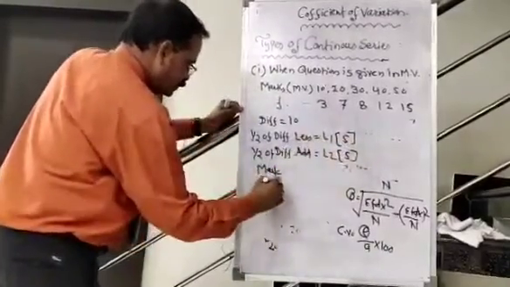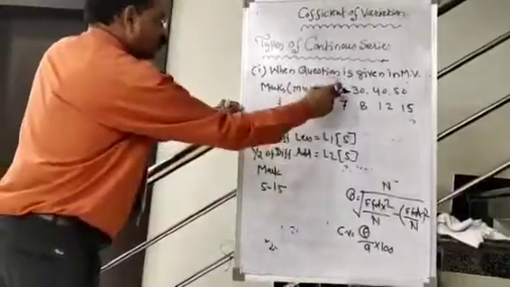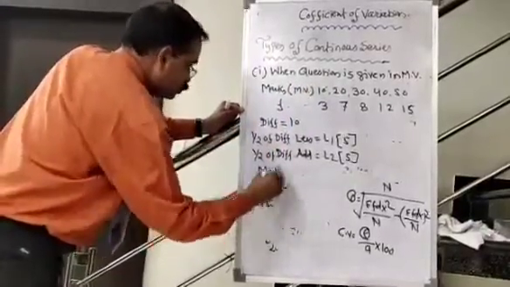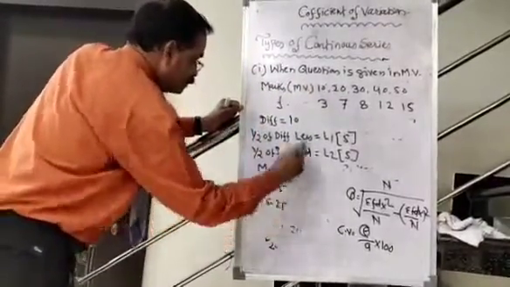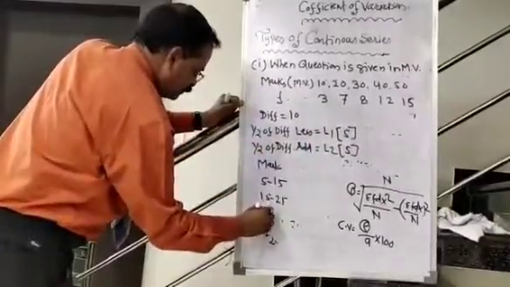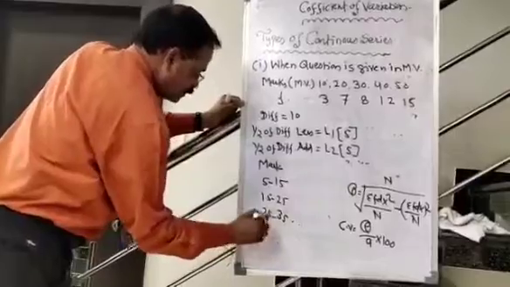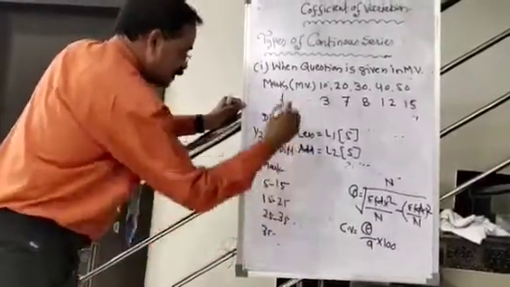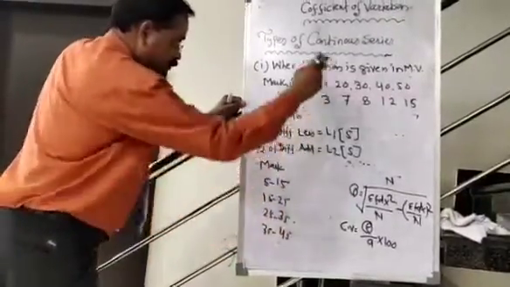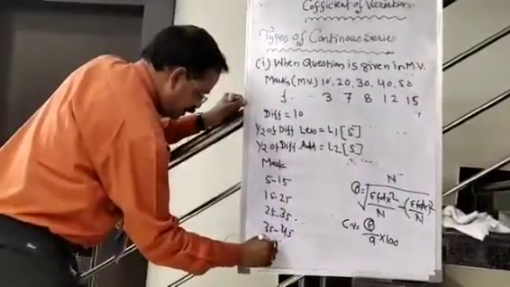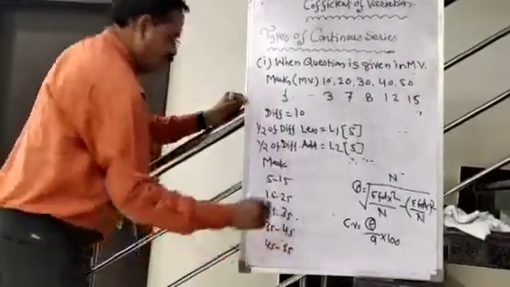It will be 15. 20 minus 5, 15. 20 plus 5, 25, 30 minus 5, 25, 30 plus 5, 35, 40 minus 5, 35, and 40 plus 5, 45, 50 minus 5, 45, and 50 plus 5, 55.